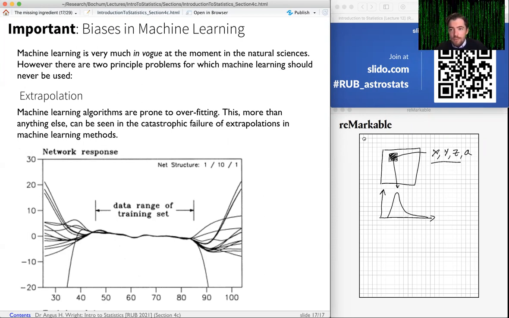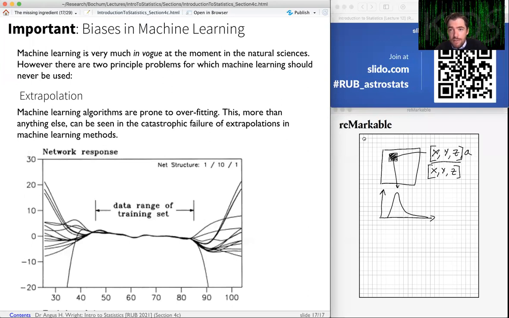And we then want to use the association of a second data set for which we only know X, Y, and Z to try and infer the properties of A for an unknown data set.